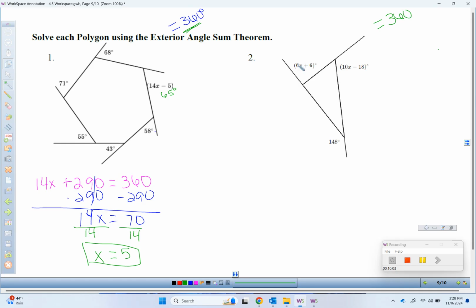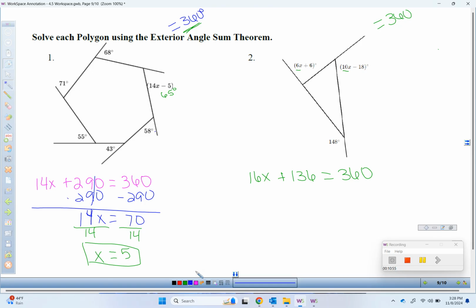We have 6 x's and 10 x's, and that's all the x's we have. So you should have 16x, and then you have a positive 6 minus 18 plus 148, and you should get 136, and you would set these equal to 360.